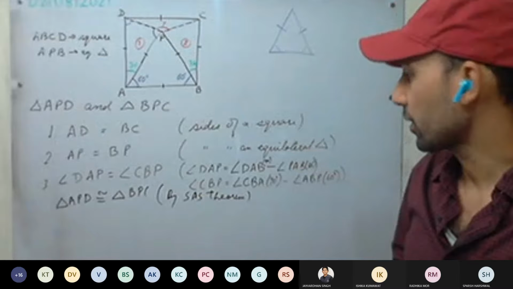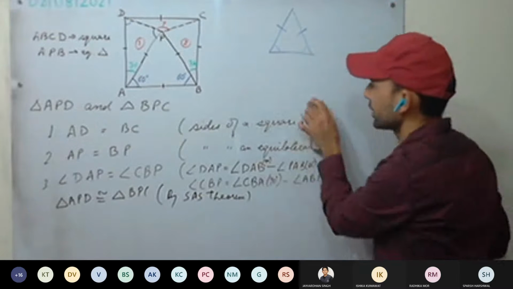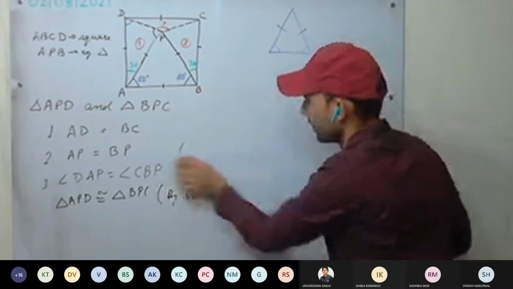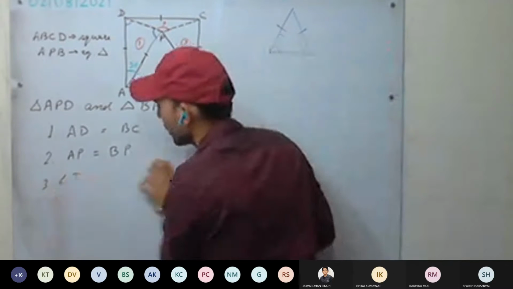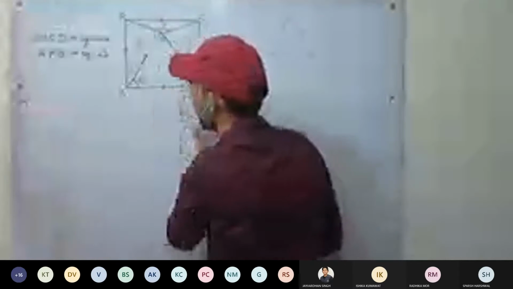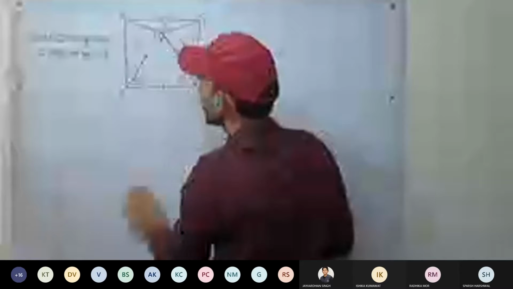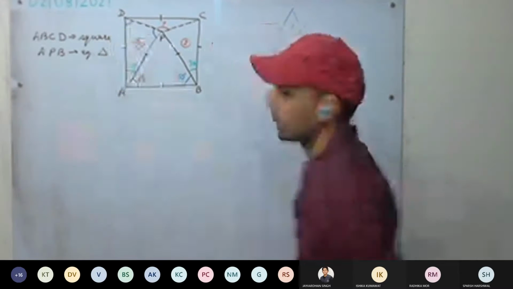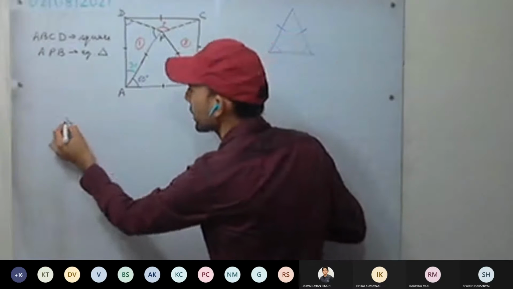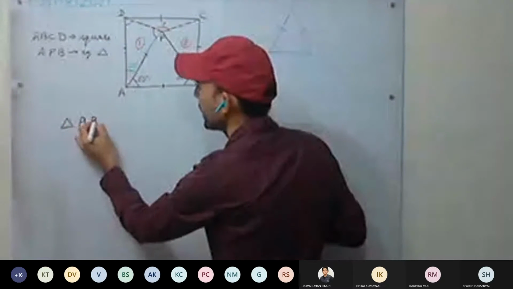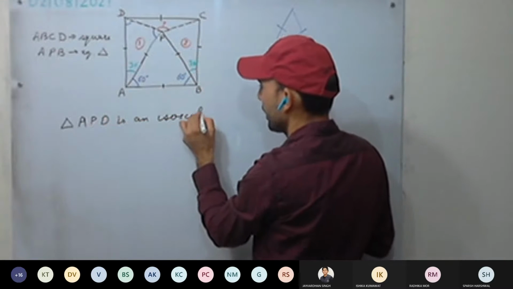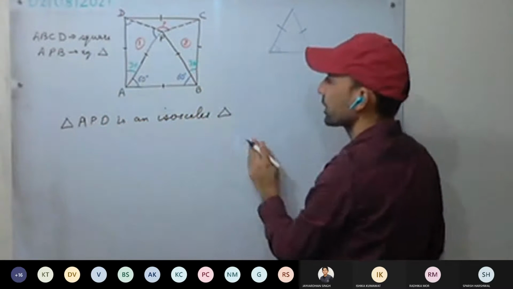Calculate those angles. Okay, I'm rubbing this part. We require this angle mainly. So triangle APD is an isosceles triangle.